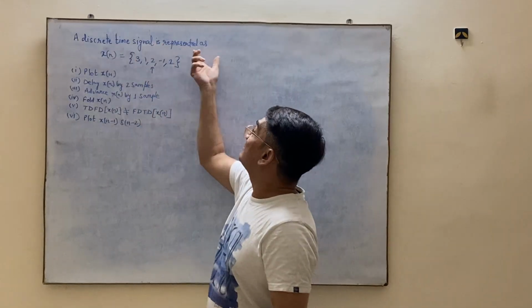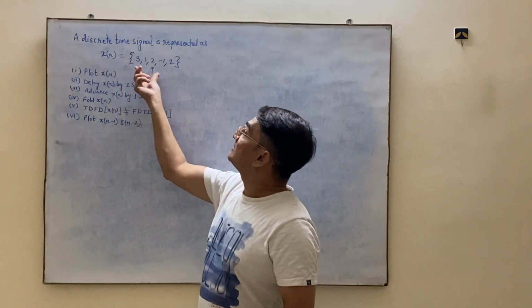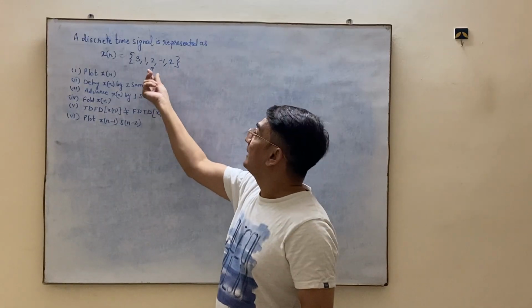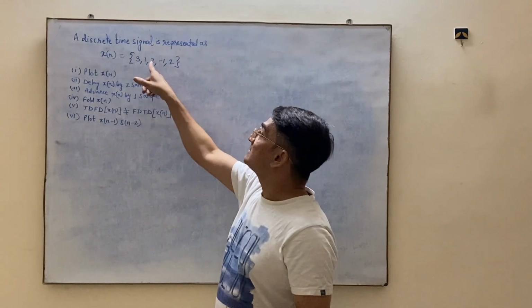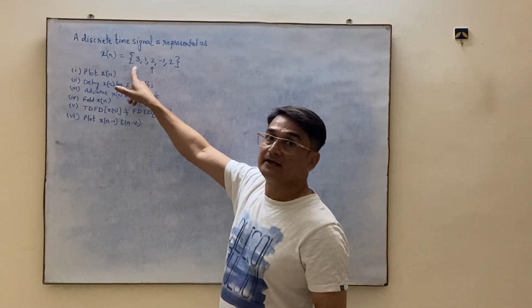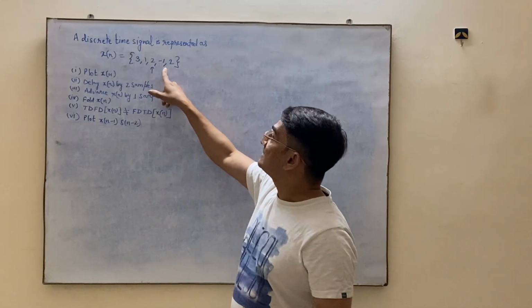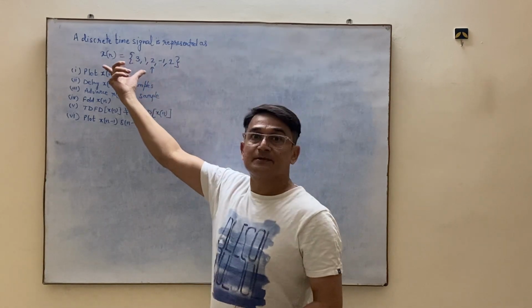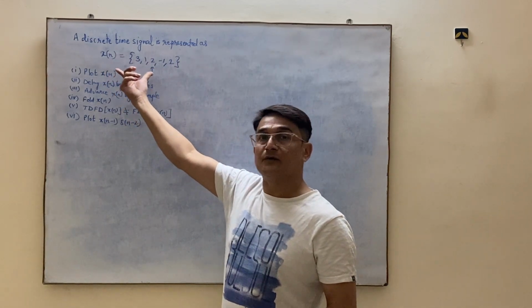A discrete time signal is represented as x of n is equal to 3, 1, 2, minus 1, 2, and the arrow is at 2. So that means this is the 0th sample. This is n is equal to minus 1, this is at n is equal to minus 2, this is at n is equal to 1, and this is at n is equal to 2. This is how the sequence representation of a signal is given.